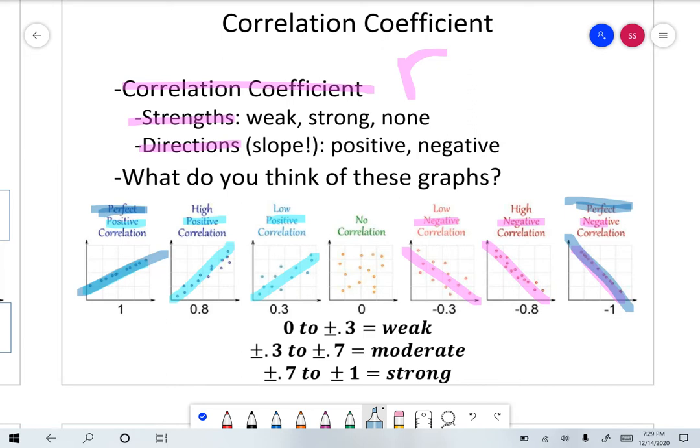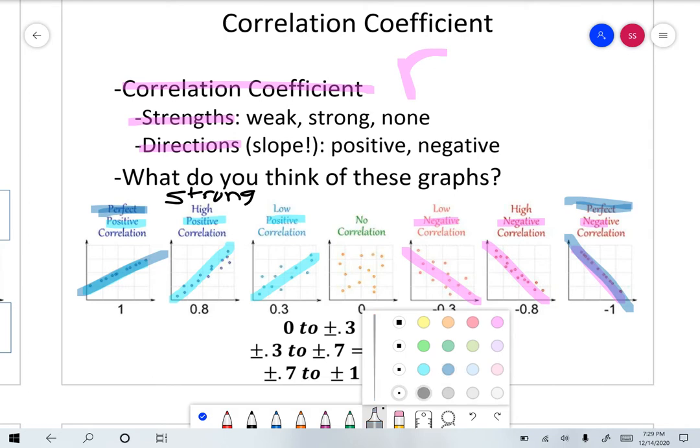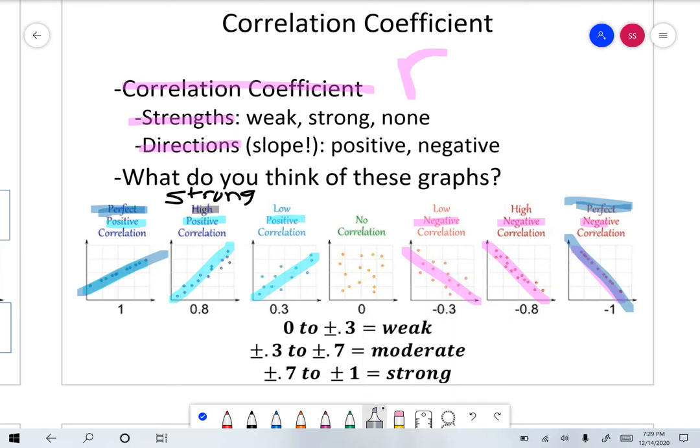A high positive, it says high, but another word for it would be strong. A strong relationship, we'll use gray for strong, would mean that the data is pretty consistent, but it's not perfect. Pretty consistent, but not perfect.